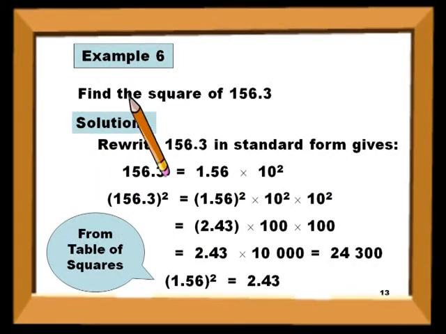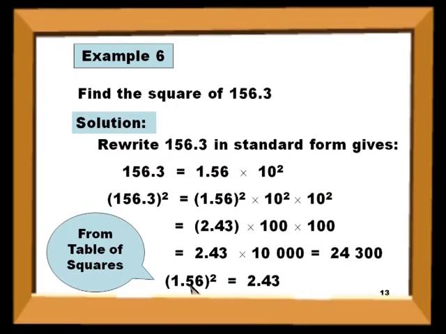Example 6. Find the square of 156.3. Solution. Rewrite 156.3 in standard form. 156.3 is equal to 1.56 multiplied by 10 squared. 156.3 squared is equal to 1.56 squared multiplied by 10 squared multiplied by 10 squared, equals 2.43 multiplied by 100 multiplied by 100. 2.43 multiplied by 10,000 is equal to 24,300.